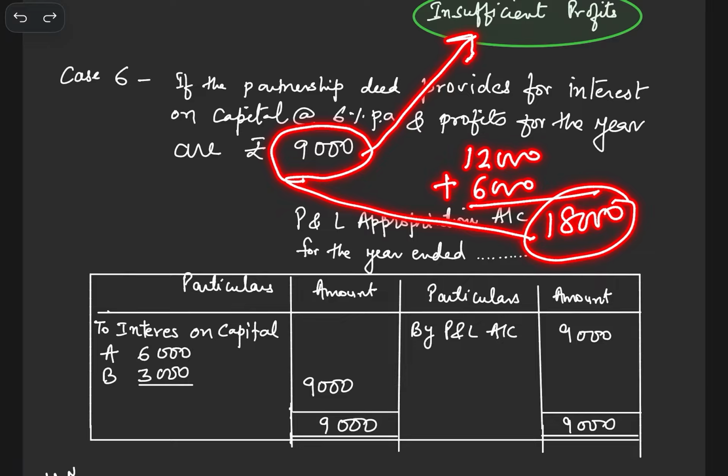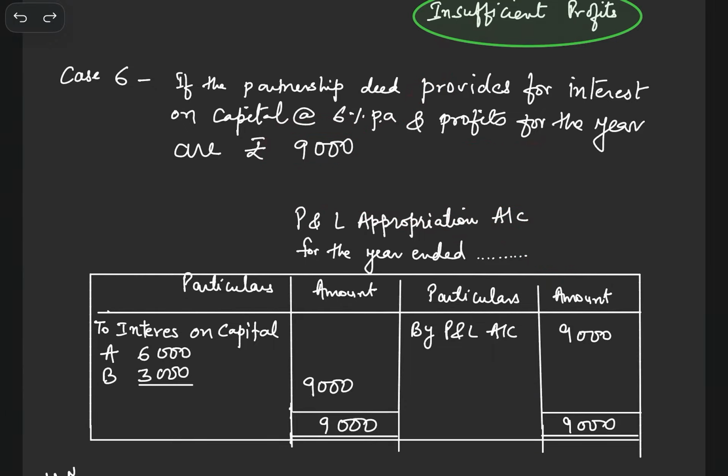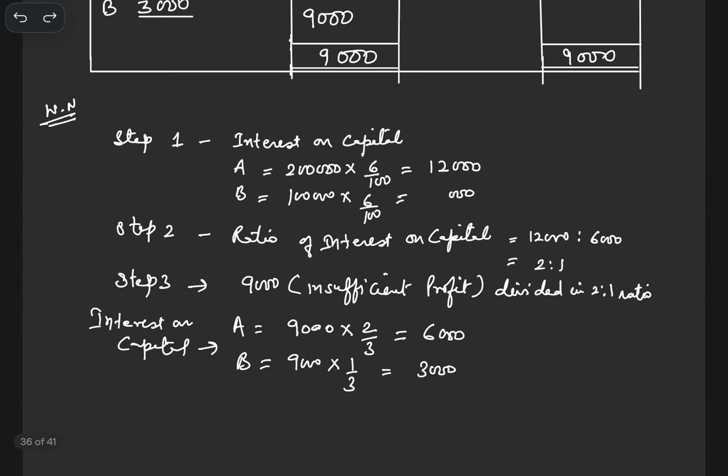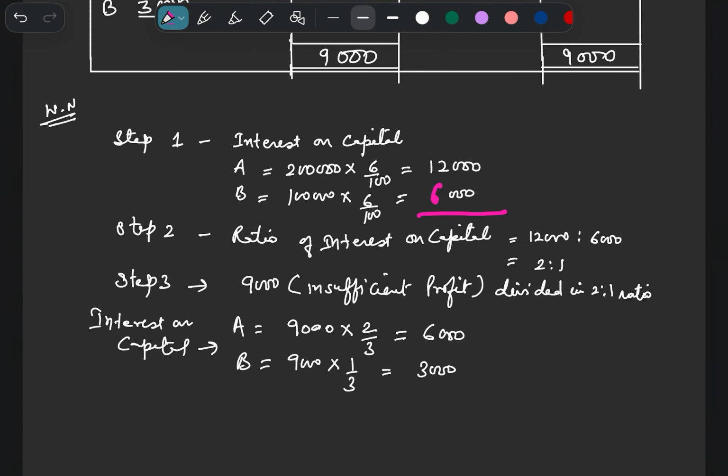So when the profits are insufficient, we have discussed 3 steps, right? Let us see these 3 steps. First of all, interest on capital be calculated. So for A and B, we have calculated the interest on capital. So that is 12,000 and 6,000.